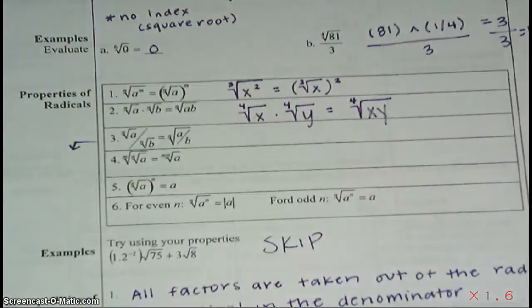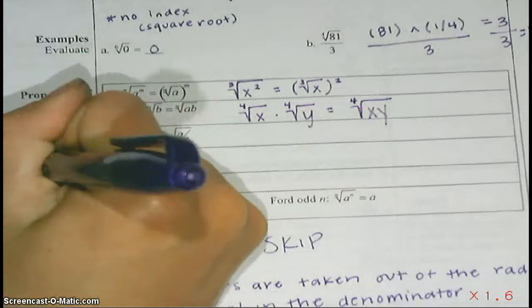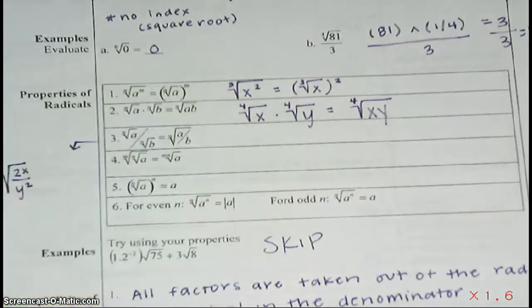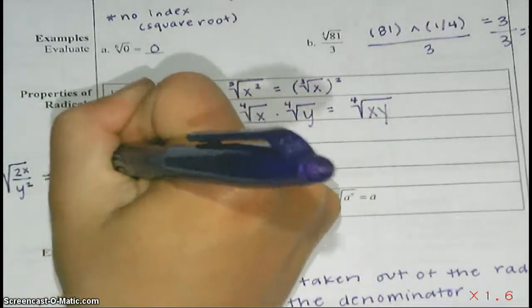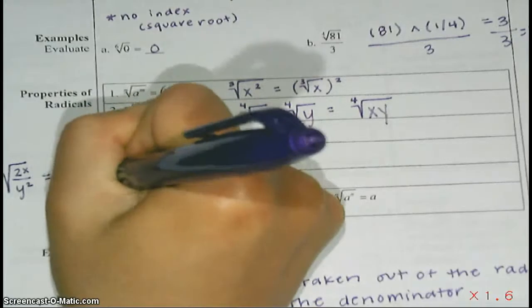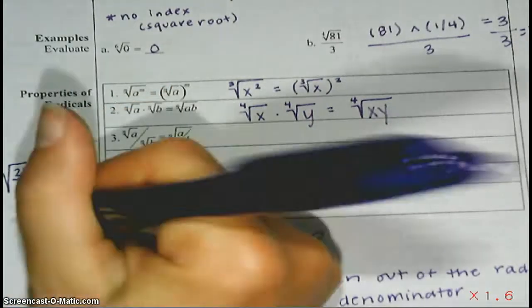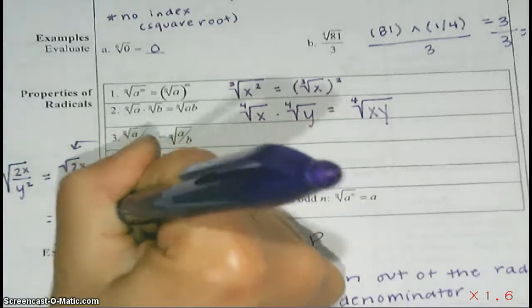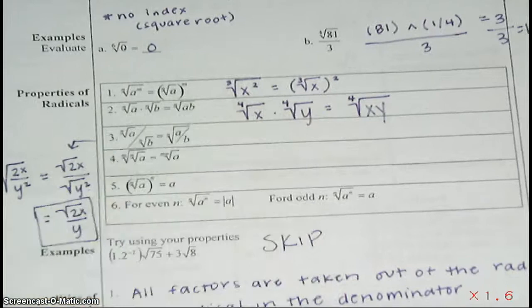If you had the square root of 2x over y squared, what you could do is split it apart so that you're doing the square root of 2x over the square root of y squared. The square root of y squared is just y, so this simplified would just be the square root of 2x over y. So there's a little example of that in motion.